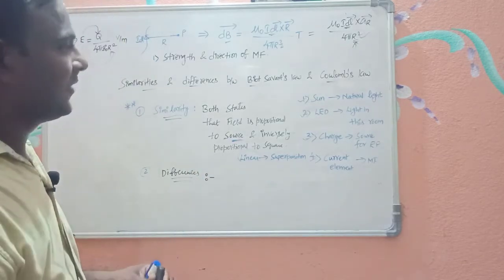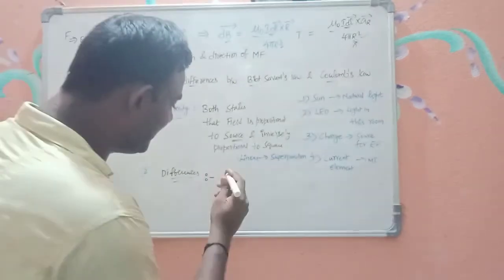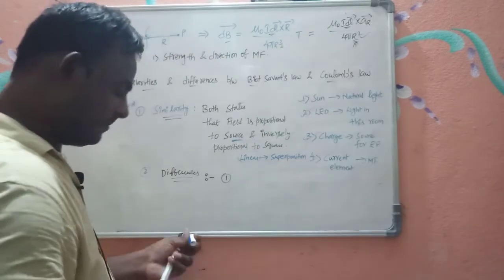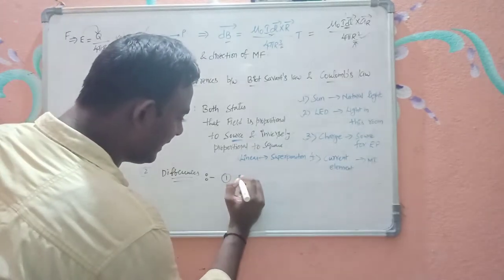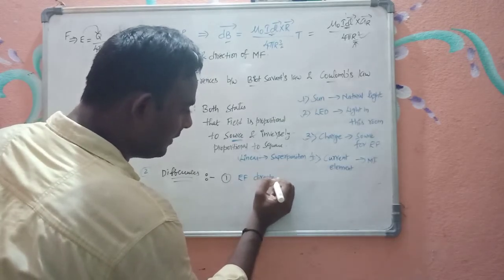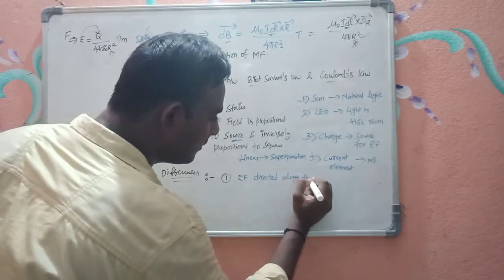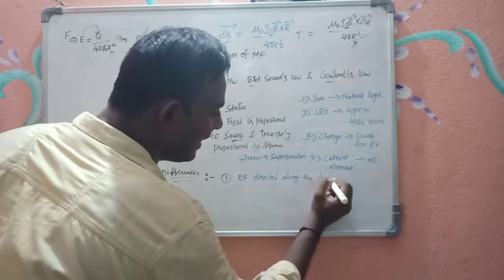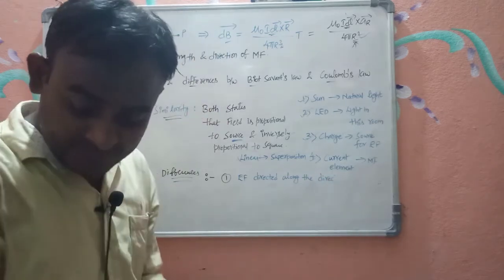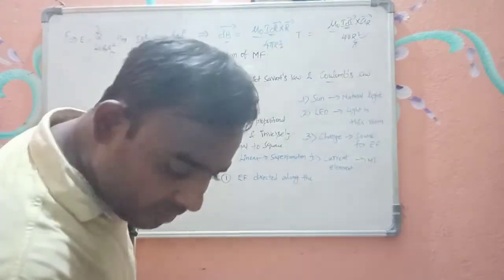If you observe, what is the difference? First difference: the electric field is directed along the distance vector.